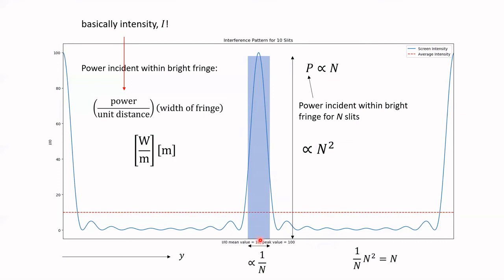So as you open up more slits, the width of the bright fringe goes down. N is in the denominator. The width goes down, but the intensity, that's the height of this graph, goes up. And since that height is proportional to n squared, n squared times 1 over n does correctly give us that the total power within the fringe is proportional to n.